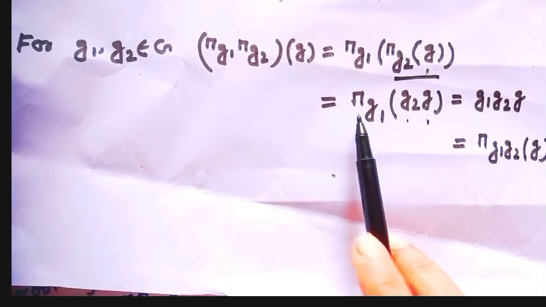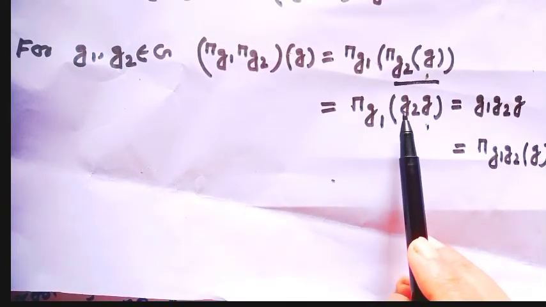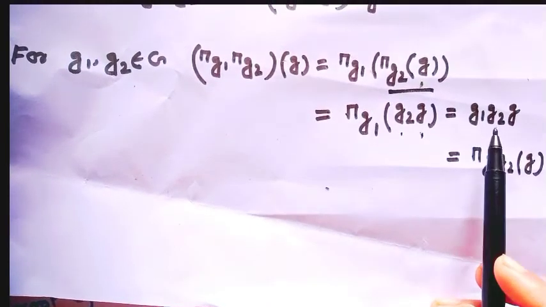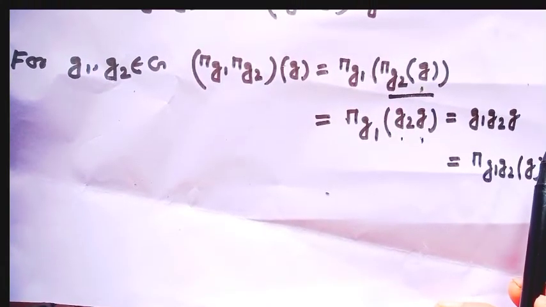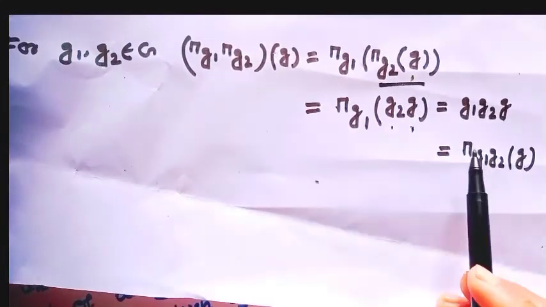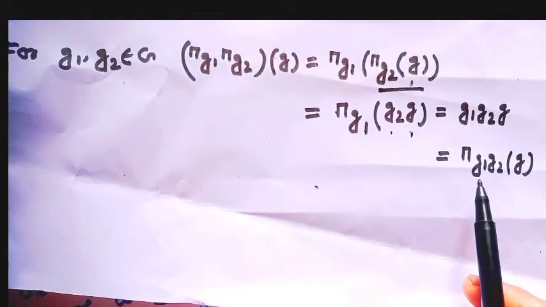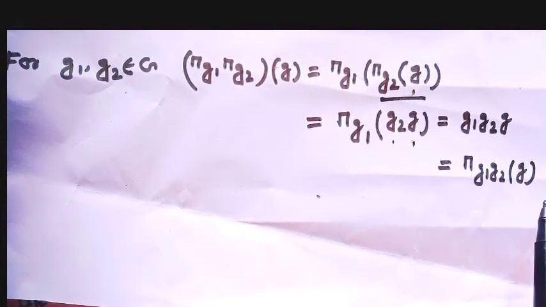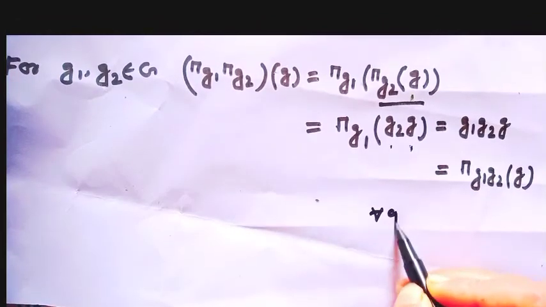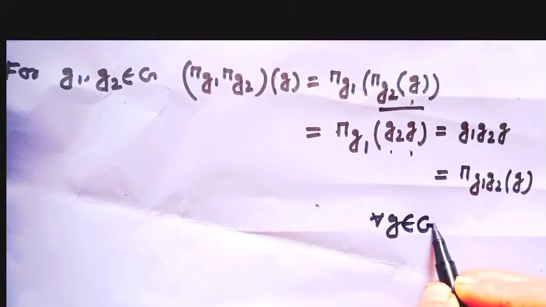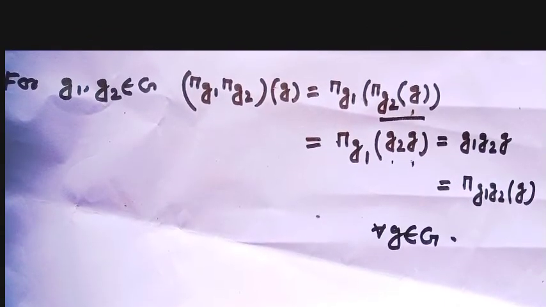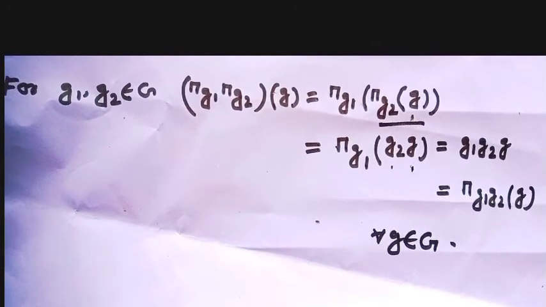And that means pi g1 of g2 g, by the defined mapping, is g1 g2 g, which is also equal to pi g1 g2 of g. Are you getting? For all g a member of G. That means the composition property is satisfied here. That means these are closed.